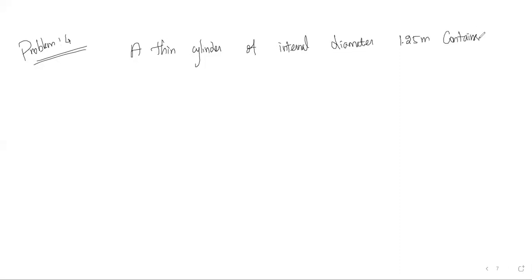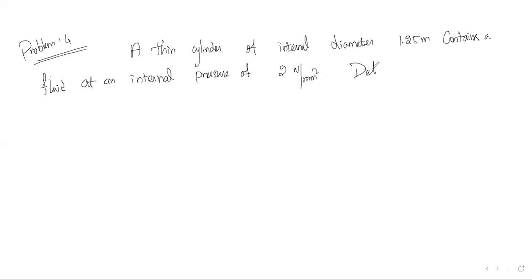Next, problem 4. A thin cylinder of internal diameter 1.25 meter contains a fluid at an internal pressure of 2 Newton per mm square.